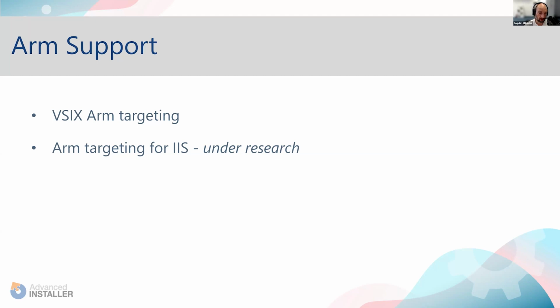And I'm really curious to see how and in what kind of scenarios you are using IIS on ARM, so we can better understand and try to further optimize this major feature for Advanced Installer, because the level of options and customization that you can do in IIS is astounding, and we want to make sure that we're focusing on delivering the ones that are the most important for you.